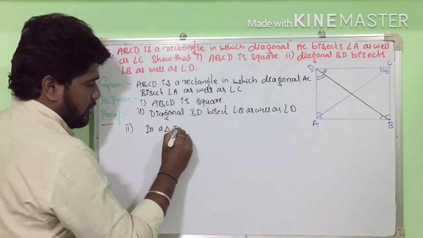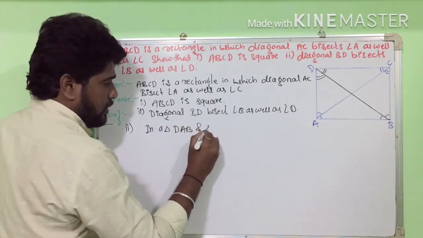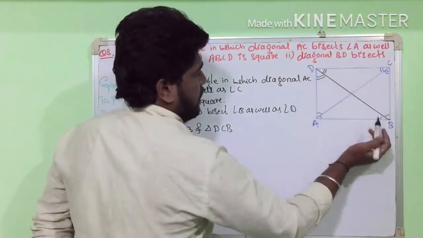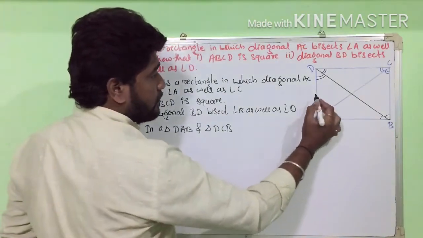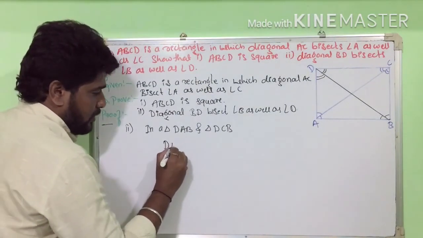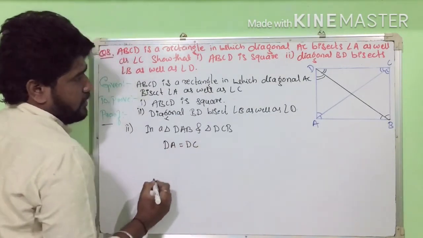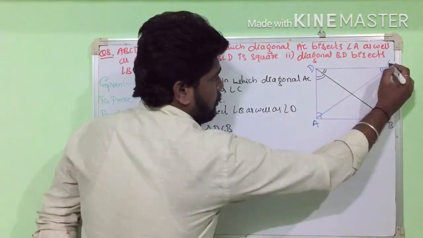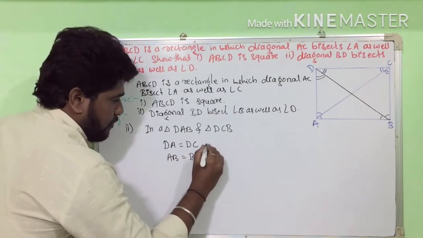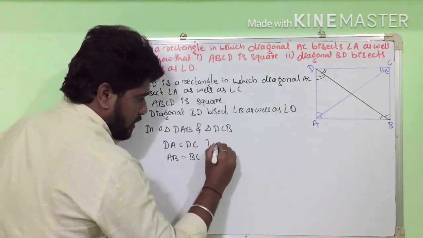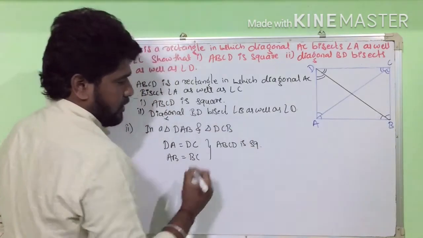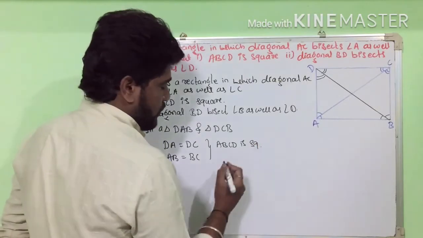In triangle DAB and triangle DCB, DA is equal to DC, and AB is equal to BC, because ABCD is a square, already we proved, right?